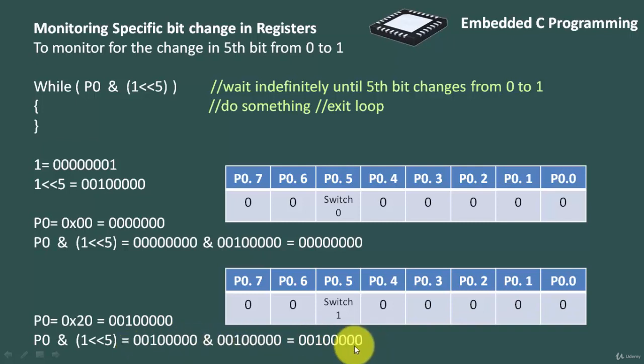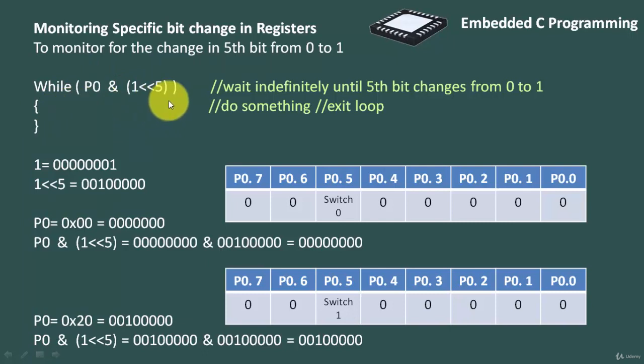Now here, since it's a nonzero value, in a while condition if there is some value greater than 0, then that is treated as a true condition. Hence while true, the while loop gets executed.